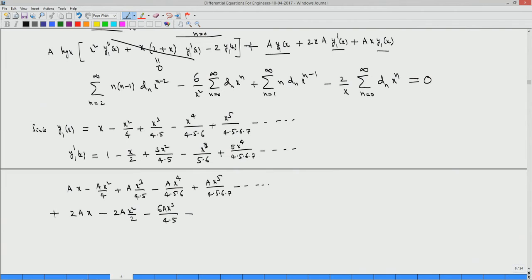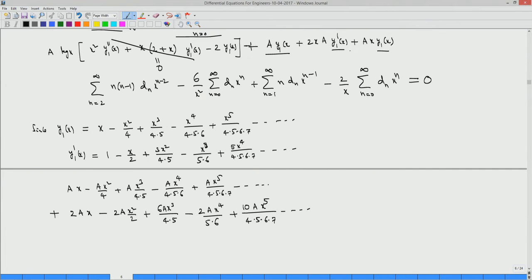This is plus. So differentiate: plus, minus, plus, minus. So you have this is plus, and now minus 2ax power 4 by 5, 6, plus 2 into 5 is 10, so 10ax power 5 divided by 4, 5, 6, 7 and so on. So that is your second term.